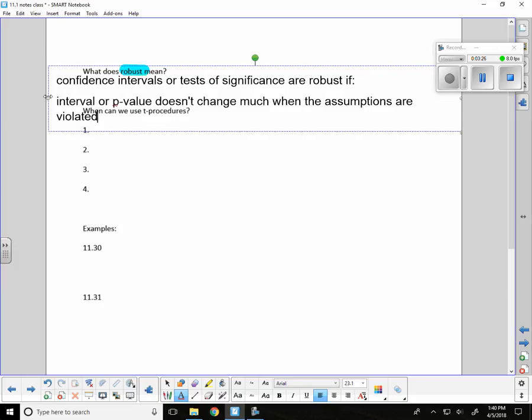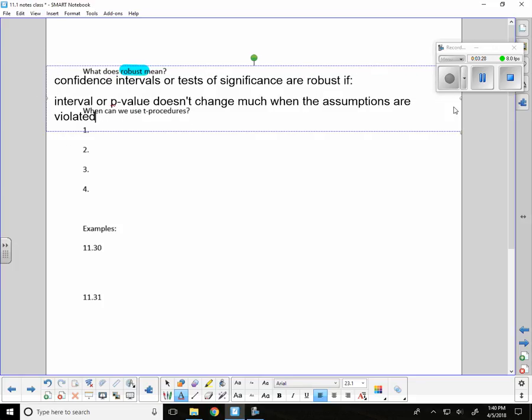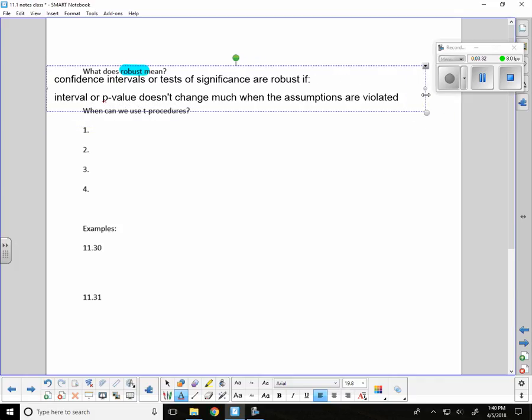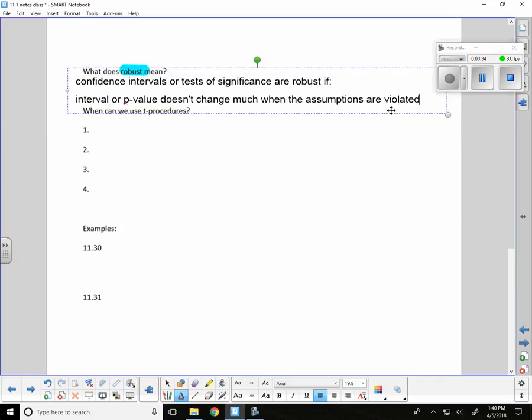Meaning, what if we assume it's normal and it's not really normal? Does this test still work?